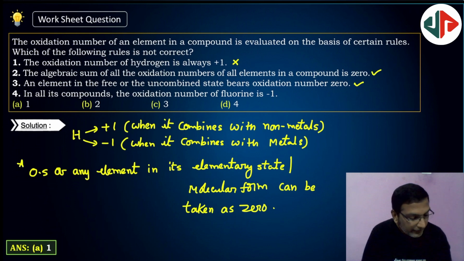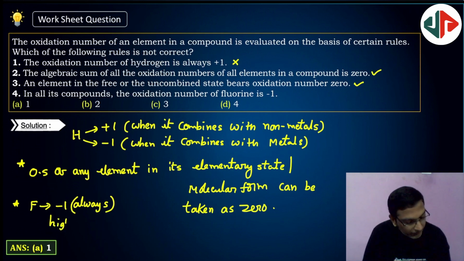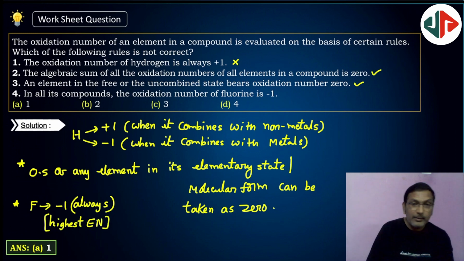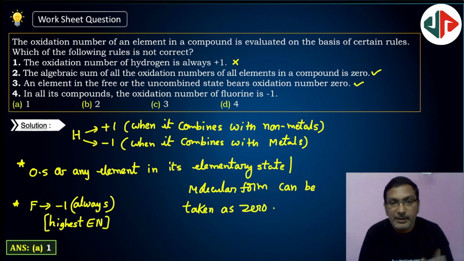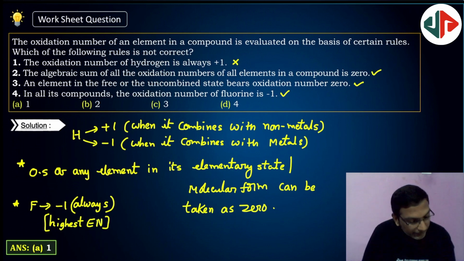Very, very important. Next, in all its compounds, oxidation state of fluorine is -1. So, fluorine can exhibit only one oxidation state in its compound, always, because it is the highest electronegative element. So, due to highest electronegativity, it can exhibit only one oxidation state, which is -1. So, that is also correct. So, first one is incorrect. That means option A.